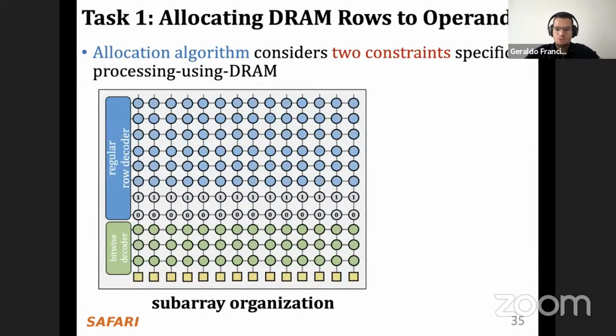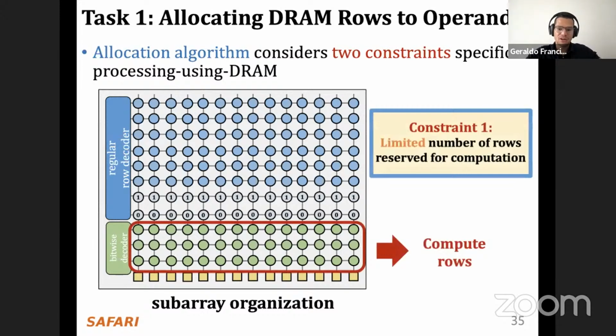The goal of task one is to allocate DRAM rows to the input operands of each majority primitive in the majority-NOT-based implementation of the operation. When we are allocating DRAM rows to operands, SIMDRAM takes into account two extra constraints that are specific to processors using DRAM, in particular using Ambit, which is the base in this work.